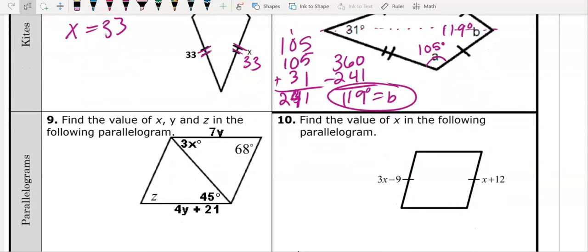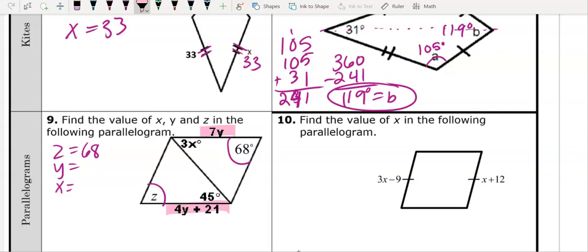All right, number 9. Find the value of x, y, and z in the following parallelogram. Well, just by looking at this, I already know what z is. Z is 68. All right, let's look at everything else. Let's do y.